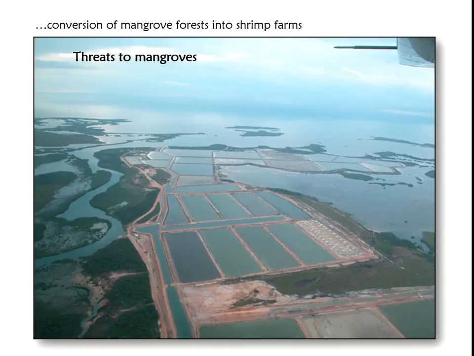Now it's a huge industry, and the landscape is not too big for them to convert these mangroves. And the process of doing that pretty much destroys the soil. The soil becomes toxic after 5 to 7 years. So it's very difficult for these systems to be reclaimed. It really takes hard restoration efforts to make them viable systems again.